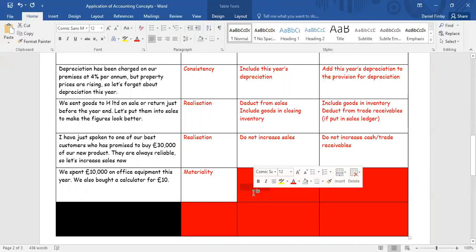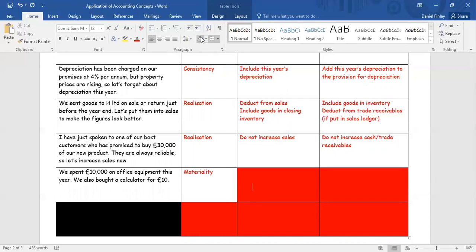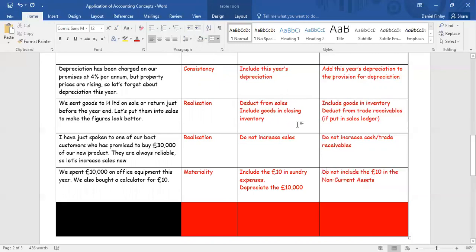So on our income statement, normally we don't put non-current assets on, but since it's classed as an expense, we put the £10 in sundry expenses. On the income statement, we would also depreciate the £10,000 office equipment, but we wouldn't bother depreciating the calculator because that would be silly. That would be like 50p. And on our soft, we don't add the £10 to non-current assets. We do add the £10,000 office equipment to the non-current assets.